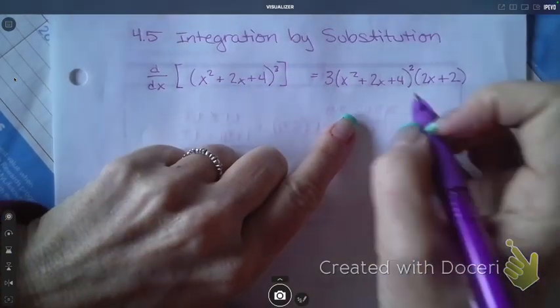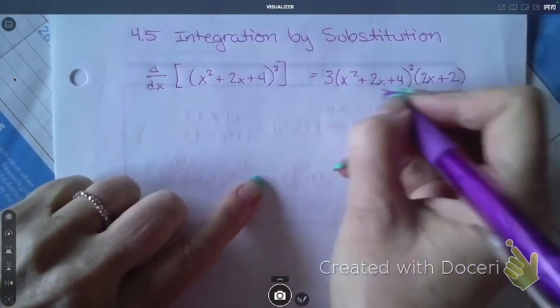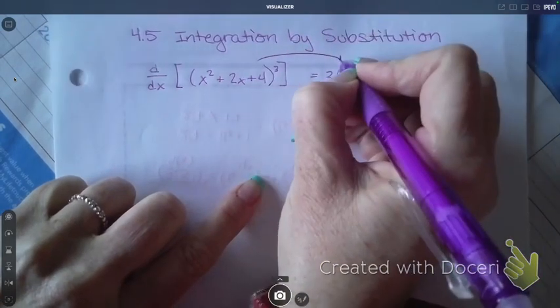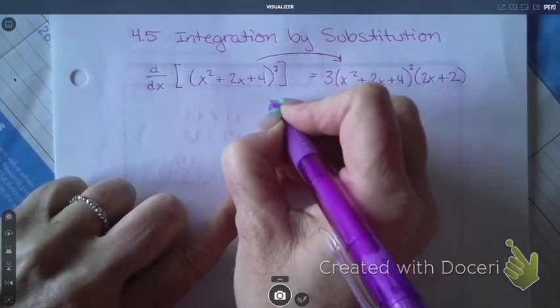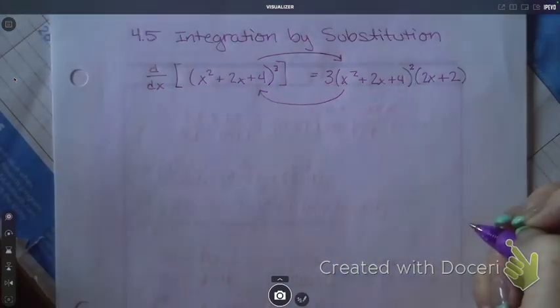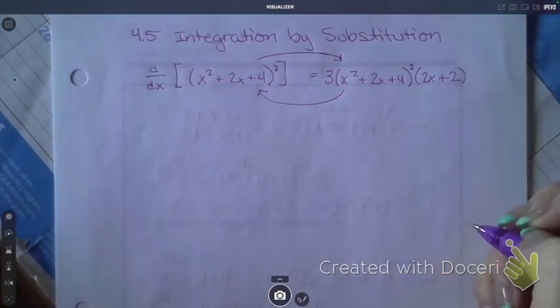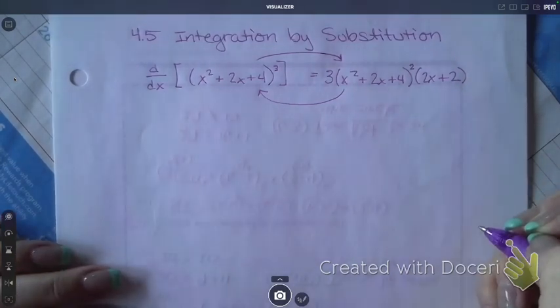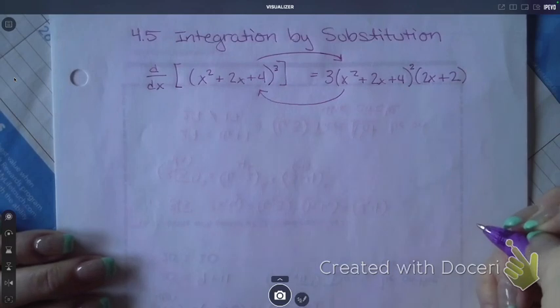So now when we integrate, we went from here to here. Now we're going to go from where? There to there. So we have to have a method to deal with that. Make sense? Okay.